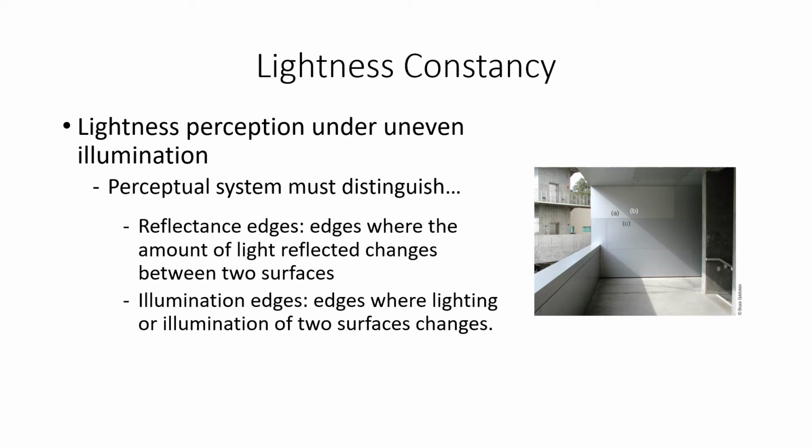And if we also look at A versus B now, we can tell that B is a shadow, and that A and B are the same reflectance, and that between A and B is an illumination edge. So A appears lighter than B, but we know that that's all the same light gray rectangle.